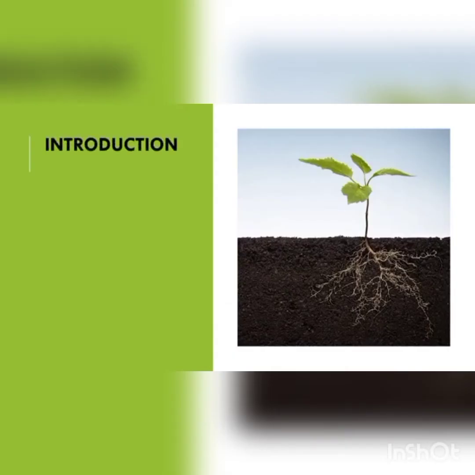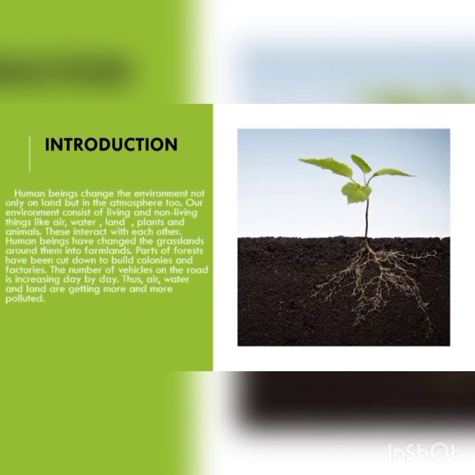Now come to the introduction of this chapter. Human beings change the environment not only on land but in the atmosphere too. Our environment consists of living and non-living things like air, water, land, plants, and animals. These interact with each other.